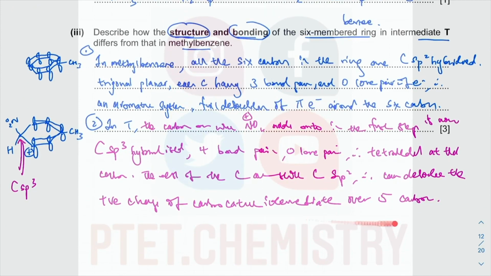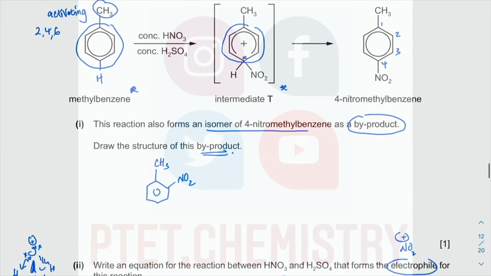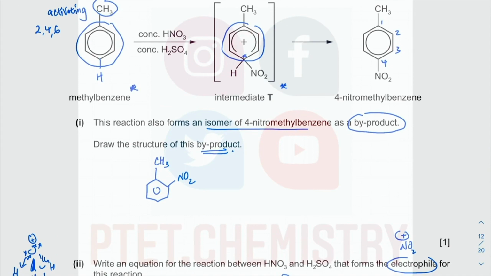All right, so you lose the aromaticity around the 6 carbons. You can only delocalize it over what we call this half smiley face, because it's not the whole 6 carbon atoms there. Okay, and you really want to go back to being aromatic, so you would lose the H plus, and then you will get back the aromaticity.